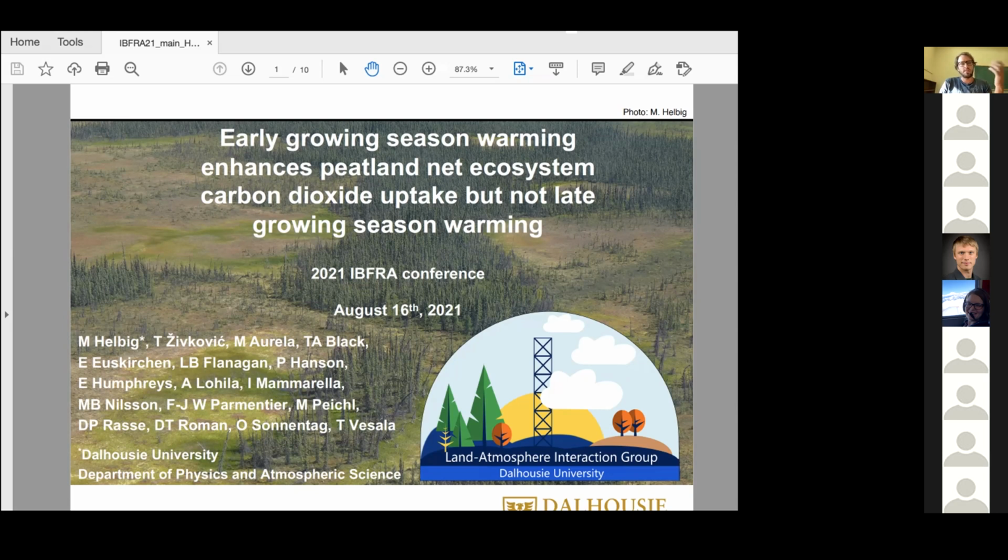The net sink is just accumulating all the daily fluxes, and the winter has a specific signal. This is an example from the Hudson Bay lowlands for two different peatlands where you have winter respiration, no vegetation productivity, so you lose CO2. Then with snow melt, you suddenly start taking up more CO2, but in some cases you also increase respiration, so that outcompetes the productivity. And then the peak growing season is usually when you take most carbon up.